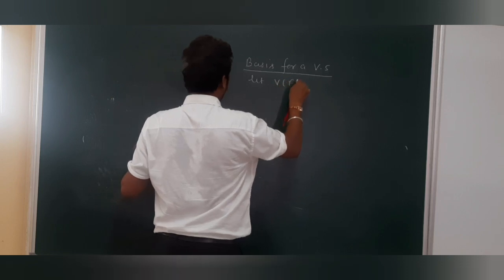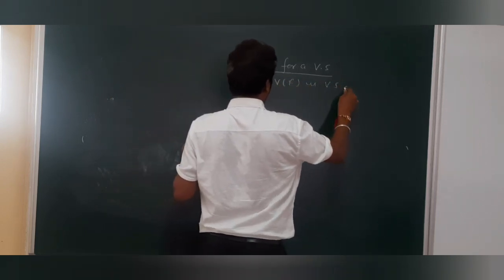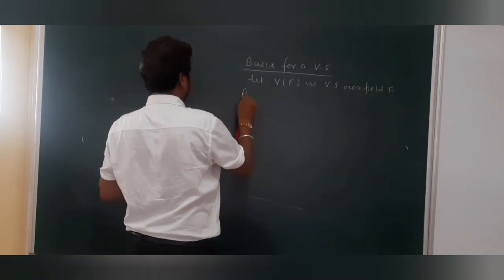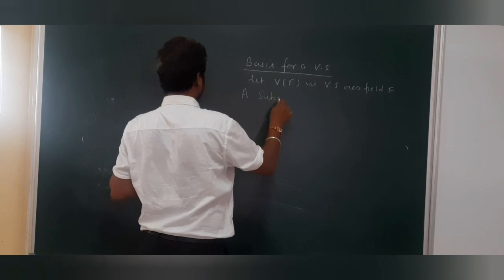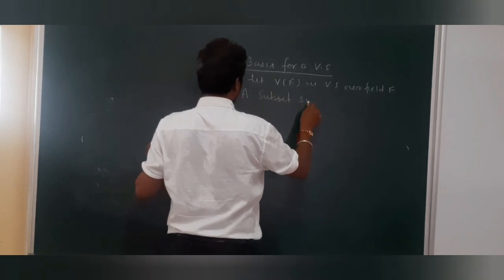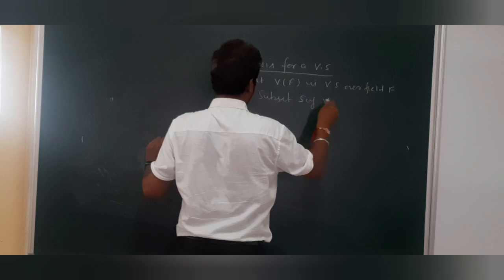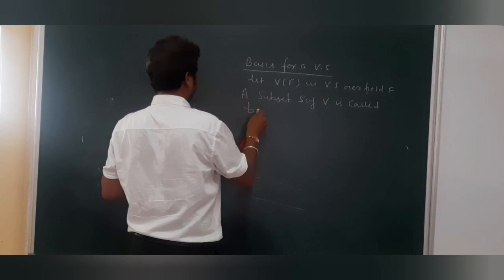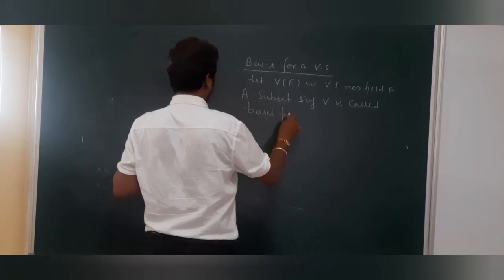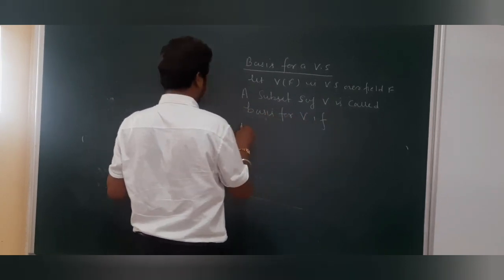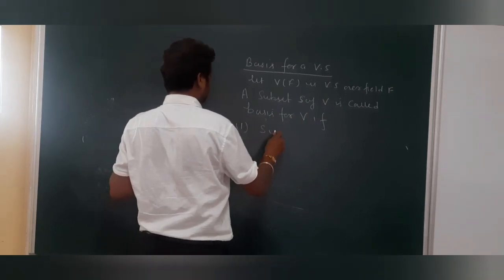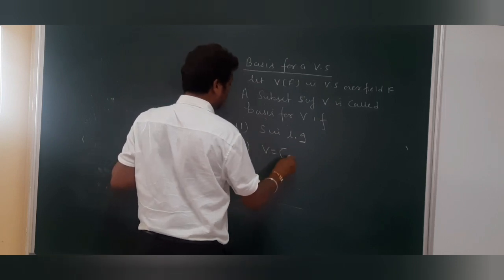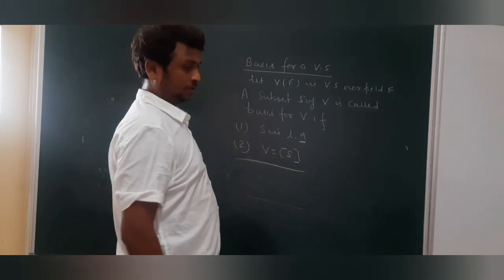V over F is a vector space over field F. A subset S of V is called a basis for V if first, S is linearly independent, and second, V is generated by S. That's all.